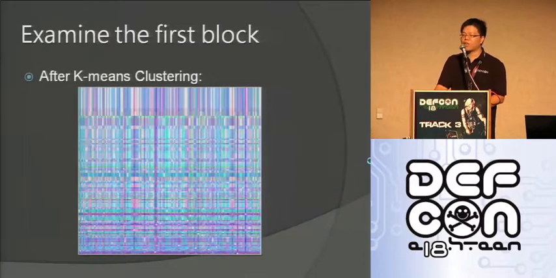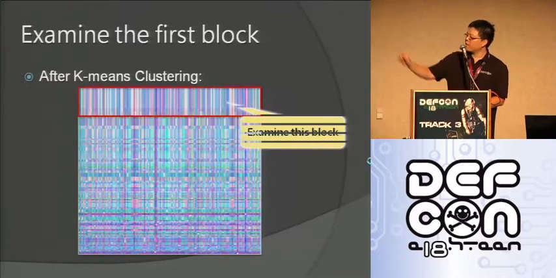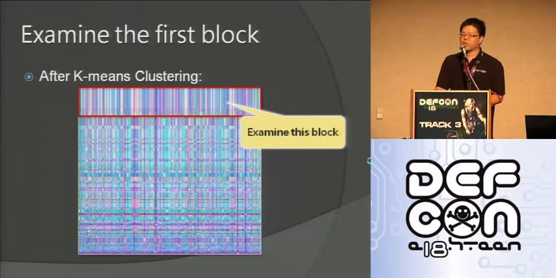How we do the clustering is through k-means clustering, but we will not get into too much detail on why we choose this one. And you see the similarity matrix, and you see a lot of colors.